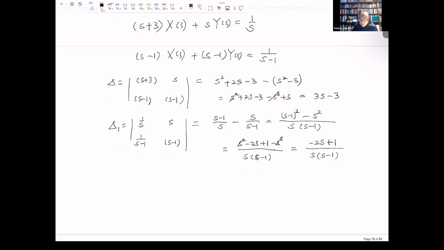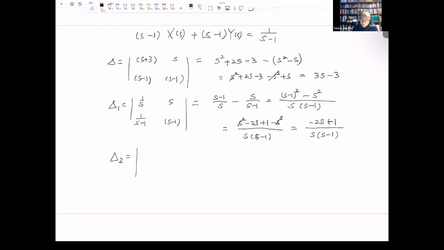And then Δ2: first column s plus 3, s minus 1. Second column 1 over s, 1 over s minus 1. ad is (s plus 3) over (s minus 1), minus bc, (s minus 1) over s. So common denominator s times (s minus 1).